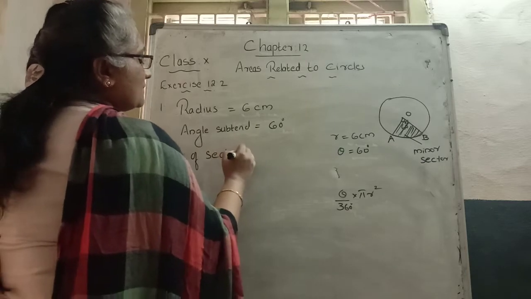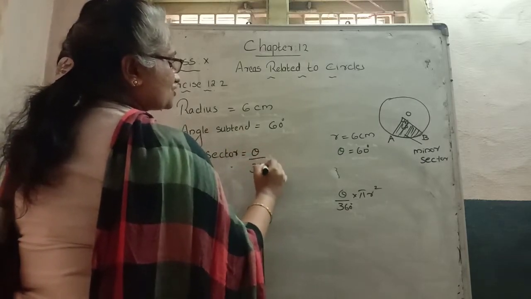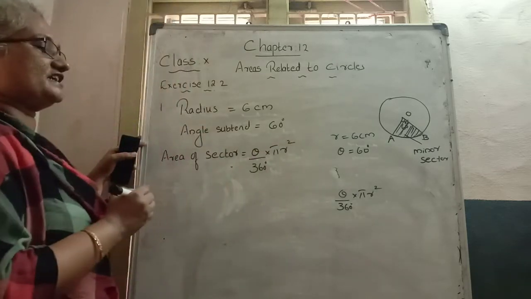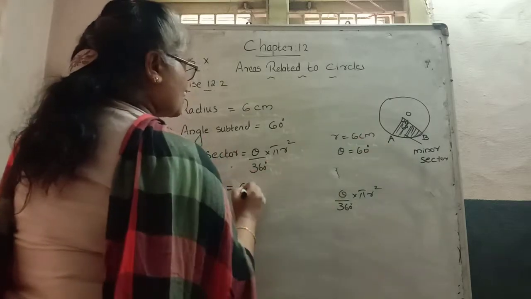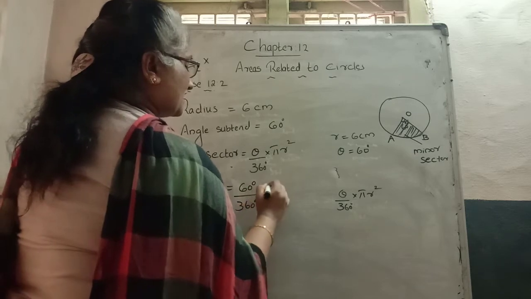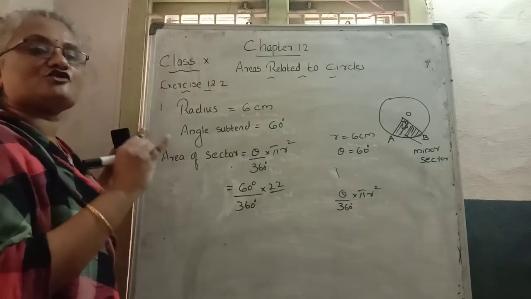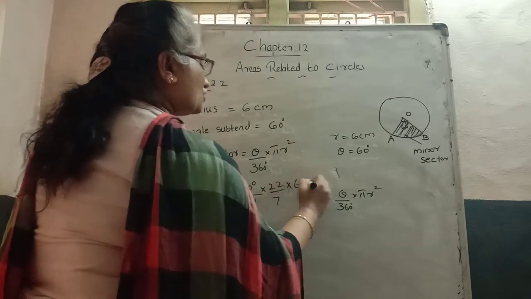The formula for finding the area of a sector is theta by 360 degree into pi r square. The theta value is 60 degree divided by 360 degree into pi, and since the pi value is not mentioned, we apply 22 by 7, into radius 6 squared, so 6 into 6.